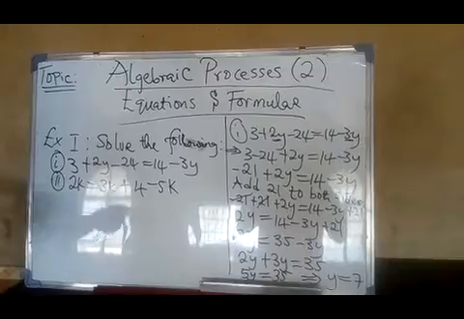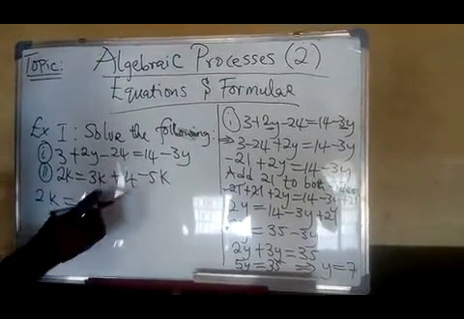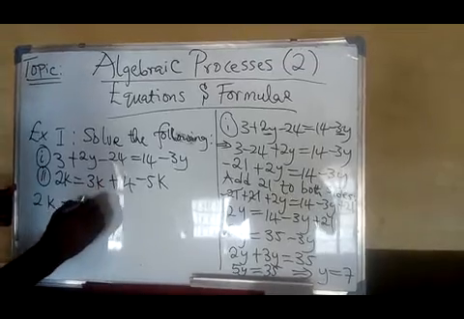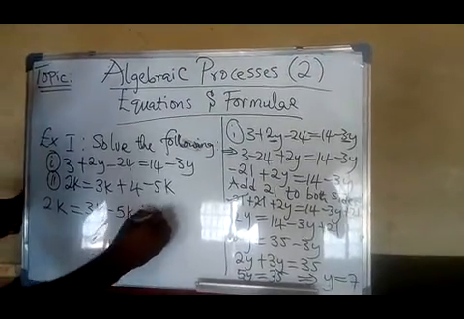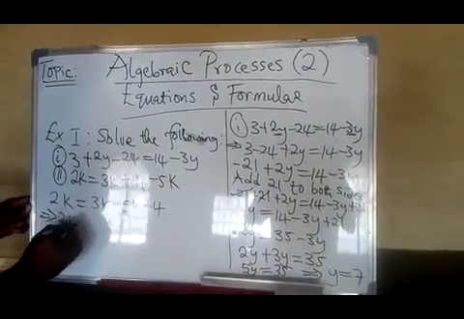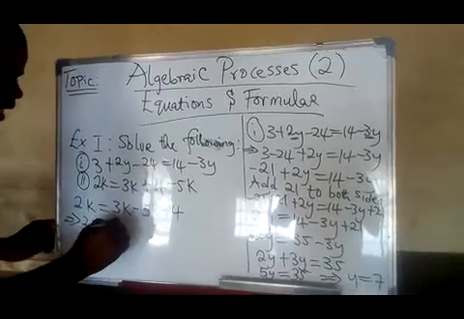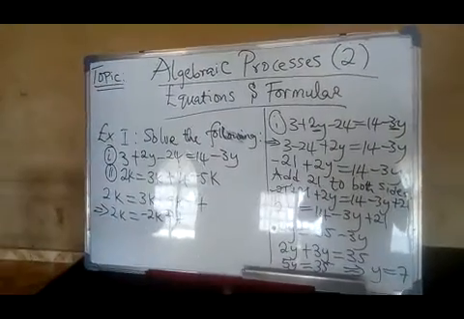So here we are going to be writing this down as 2k equals, I will bring these two together, I will group the terms. So I'll have 3k minus 5k, then plus 4. This would imply that 2k equals 3k minus 5k, which is going to give us negative 2k, then plus 4.